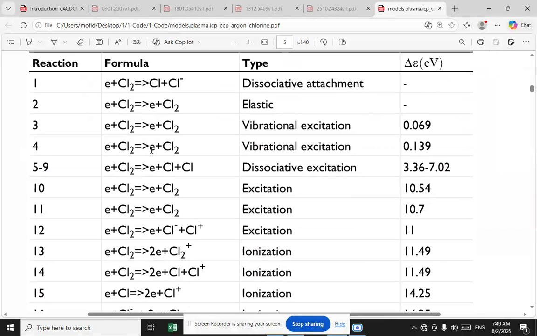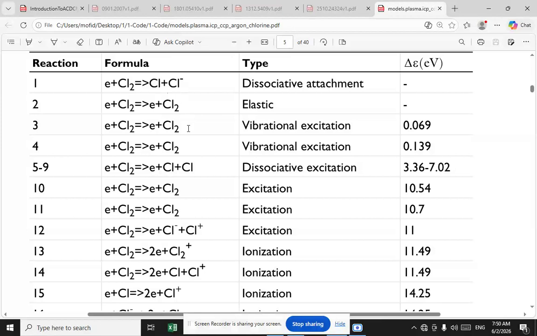As you see, we have a dissociative attachment, elastic and vibrational excitation. I want to read the formulas. Electron plus Cl2 giving Cl plus Cl⁻ is a dissociative attachment. Electron plus Cl2 giving electron plus Cl2 is elastic. Electron plus Cl2 giving electron plus Cl2 is a vibrational excitation.